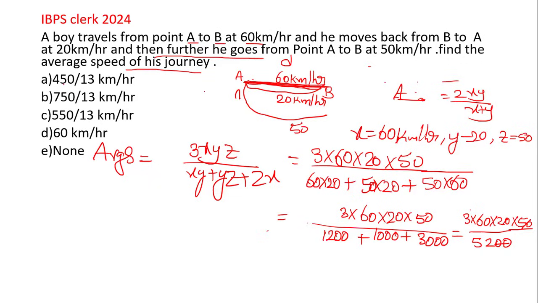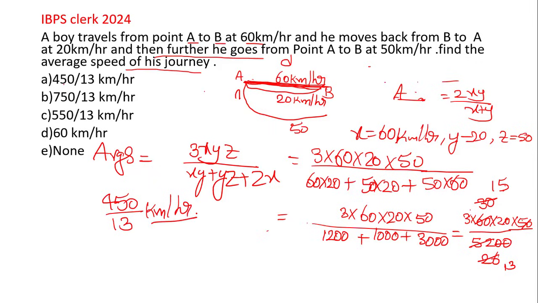Which table shall we go with? Okay, let's go with the 2 table. 26 here, and here it is going to be 30. Then here 13, and here it will be 15. Now 15 threes are 45, 45 twos are 90, 90 fives are 450. So again, you'll get the same answer, that is 450 by 13 kilometer per hour.